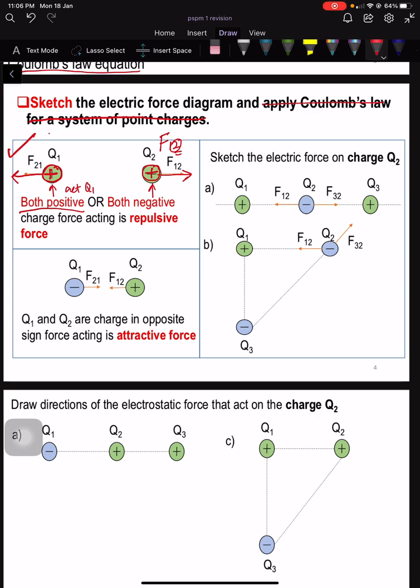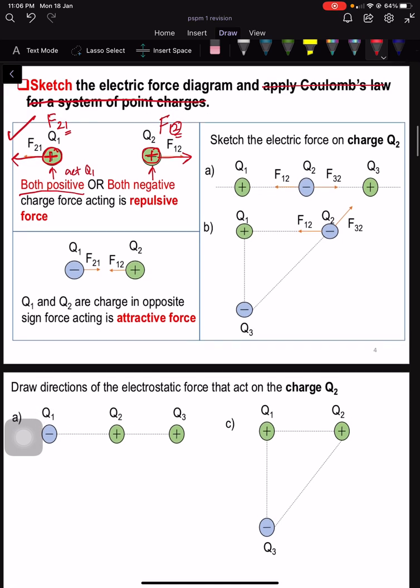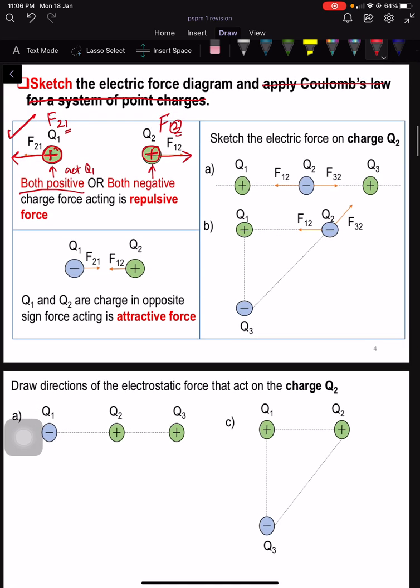So how do we name this force? F21, the force exerted by 2 on charge Q1. On Q1 means that 1 is the test mass and charge 2 is the point mass. If both are negative, the force is also repulsive. Next, let's say Q1 and Q2 have opposite signs, the force acting on them.